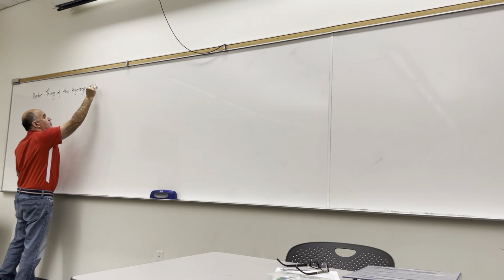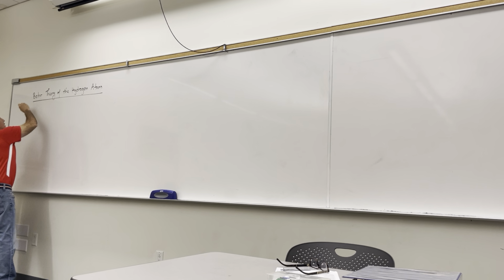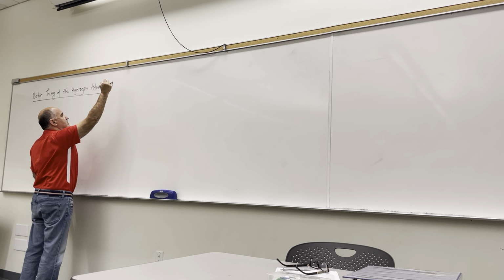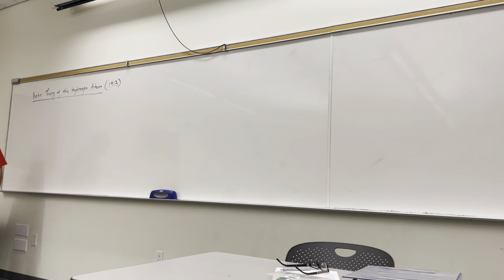A more accurate theory is using quantum mechanics, which was developed, this was like one of the precursors, but it was developed mostly finished in the 1920s. But if we use quantum mechanics to solve the hydrogen atom problem, then we'll see where Niels Bohr went wrong and what the corrections are.